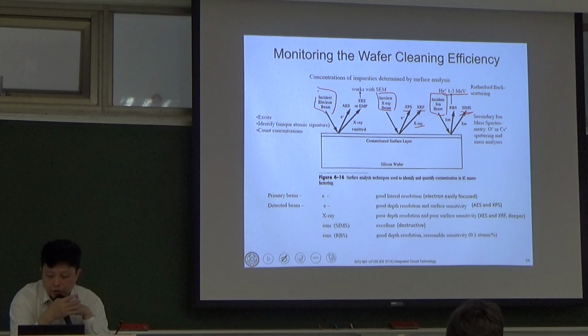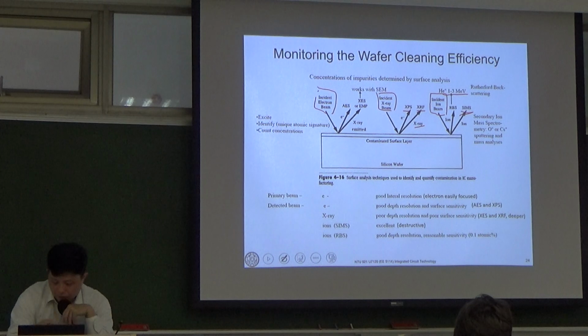You impact this surface, and you get ions coming out. This secondary ion, we can count them, we can monitor them, then we can know the percentage of the ions in this material. This spectroscopy we call SIMS, secondary ion mass spectroscopy.